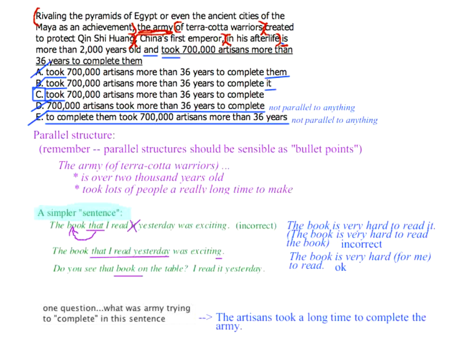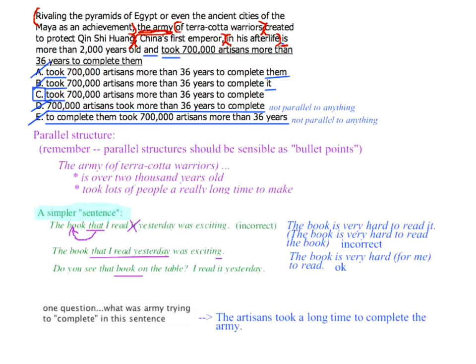Again, that should be clear already when you first read the sentence. Remember, when you read these sentences, that's the first thing you've got to do. You've got to say, what is the meaning of the sentence? You should always be able to tell by combining the words that are there with common sense. The army obviously can't complete anything because it's made of wax or whatever. But the artisans made the army, and they took a really long time to do it, about 36 years.